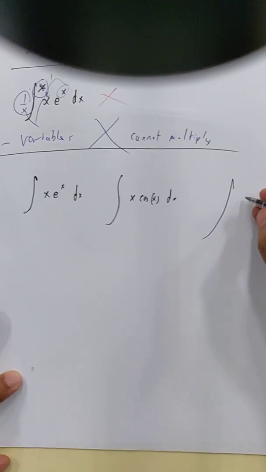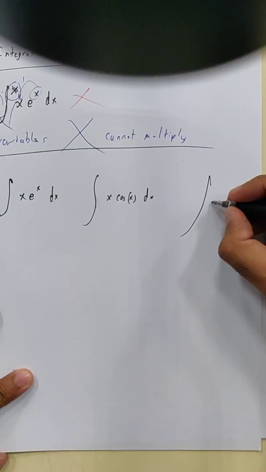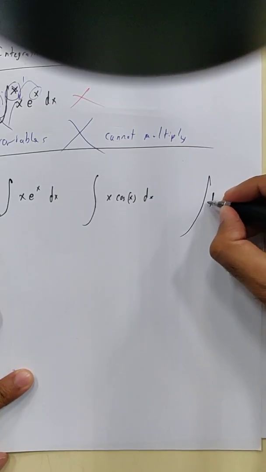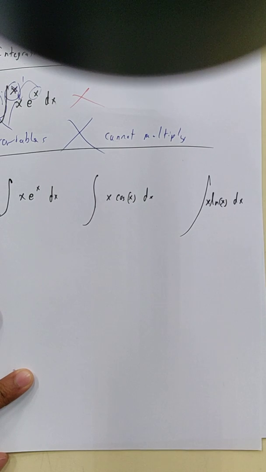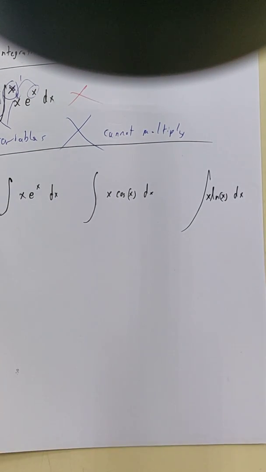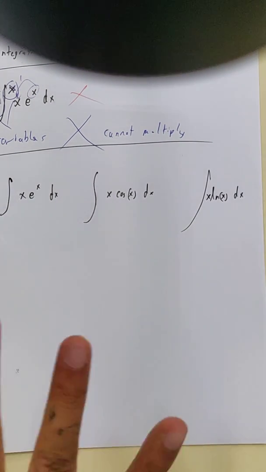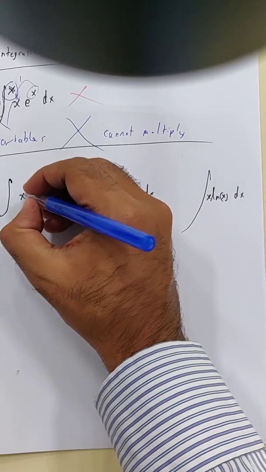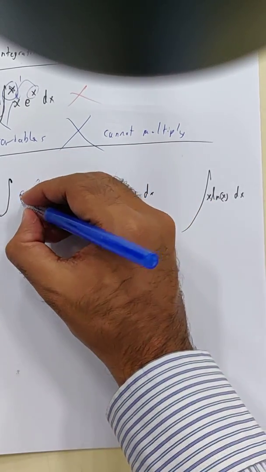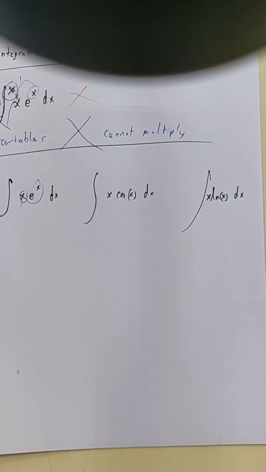Or the most famous one, ln x will be sufficient. Let's take this. Okay, what do they have in common? They have x, and then this is an exponent. Normally you can call x a polynomial.